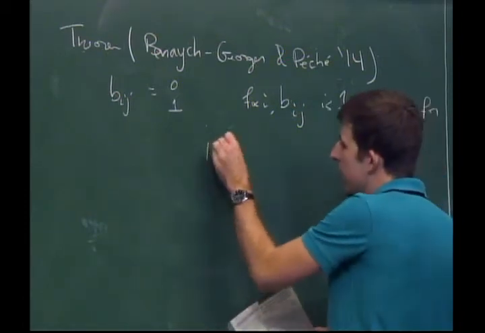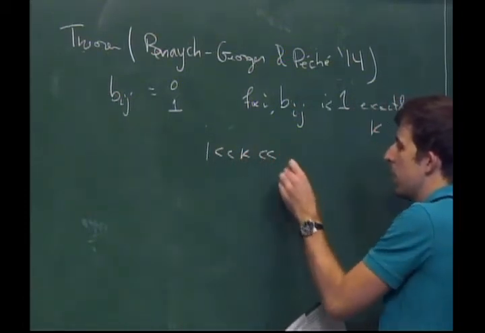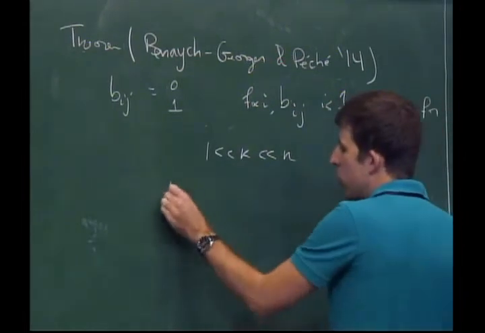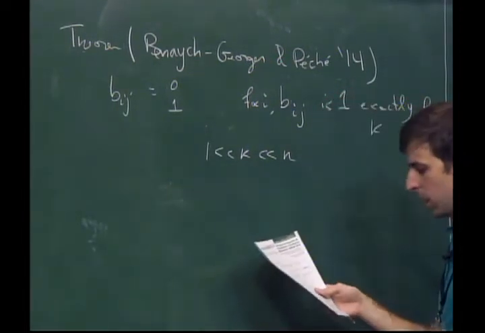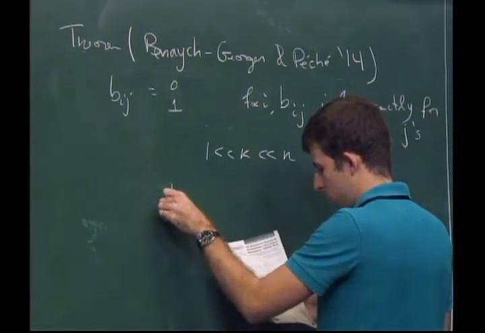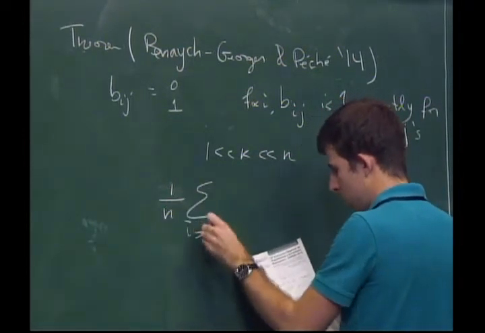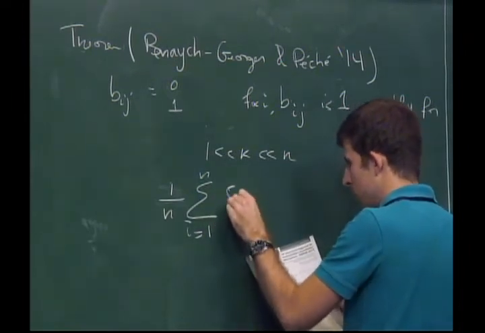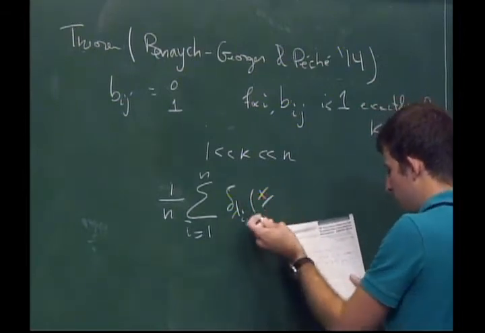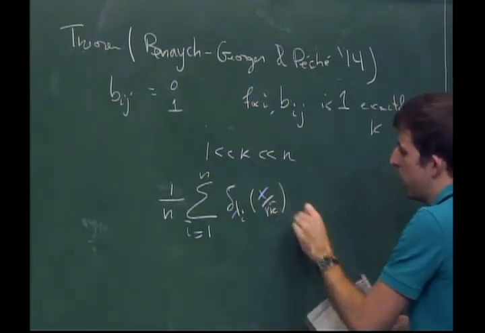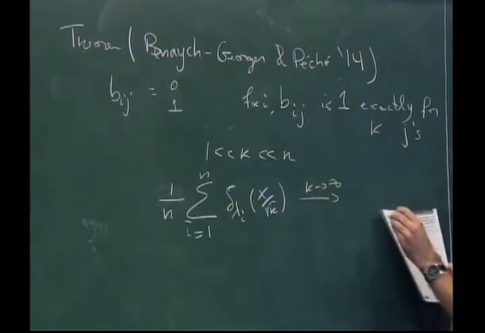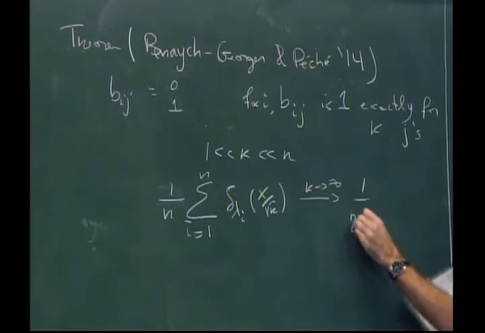Then they showed that if k is growing to infinity, but smaller than n, the size of the graph, where n is the dimension of the matrices, then the empirical spectral distribution of X, when normalized by square root of k, converges in probability as k goes to infinity to the semicircular law.